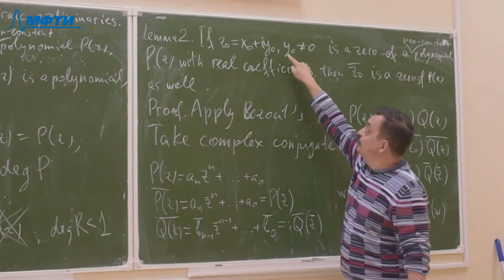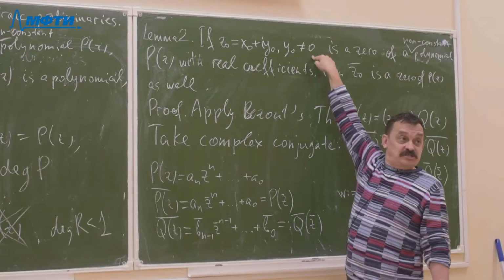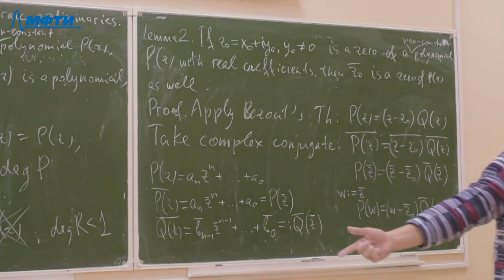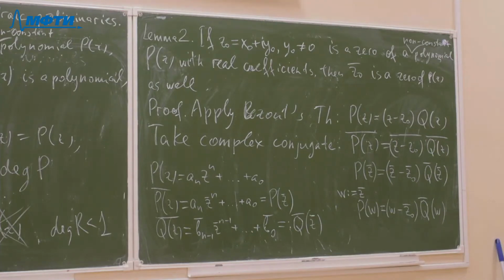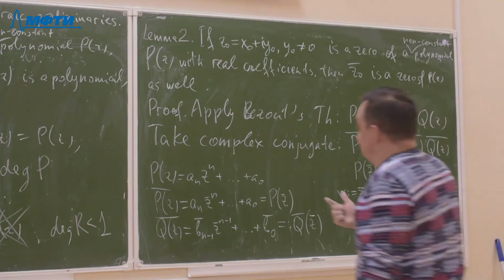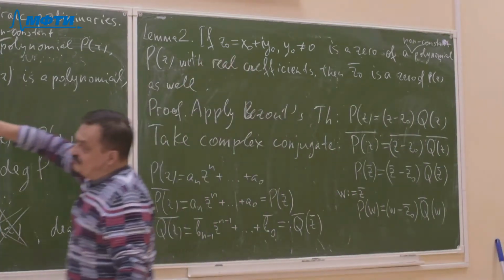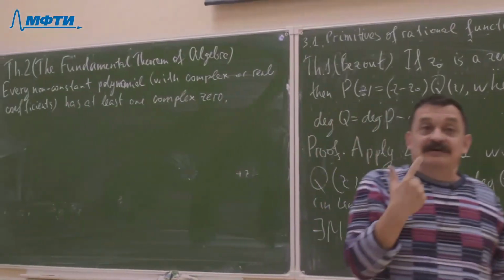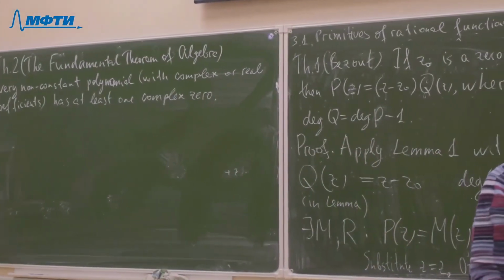But what was important, the imaginary part was not 0. But if the imaginary part is 0, then the complex number is real. So real numbers are a particular case of complex numbers. Remember about it. That is why when it is written here "one complex zero," it may be real.